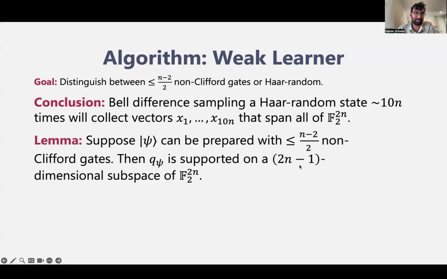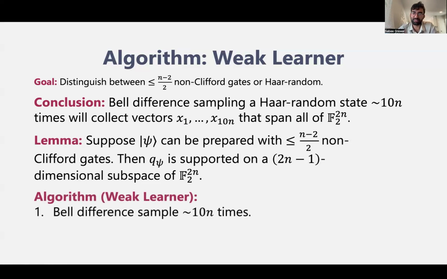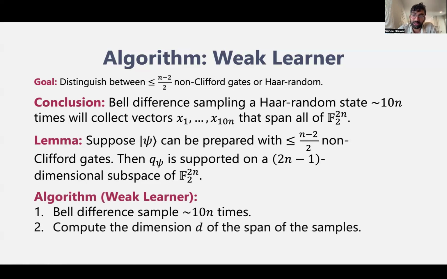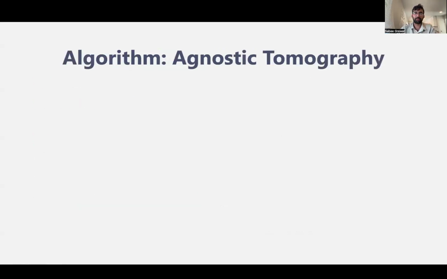And this suggests the algorithm, right? So our weak learner is: we Bell difference sample a handful of times, and we compute the dimension of the span of the samples. If that dimension is 2n, if it spans the entire space, we'll output Haar random. Otherwise, we'll output (n-2)/2 non-Clifford gates.